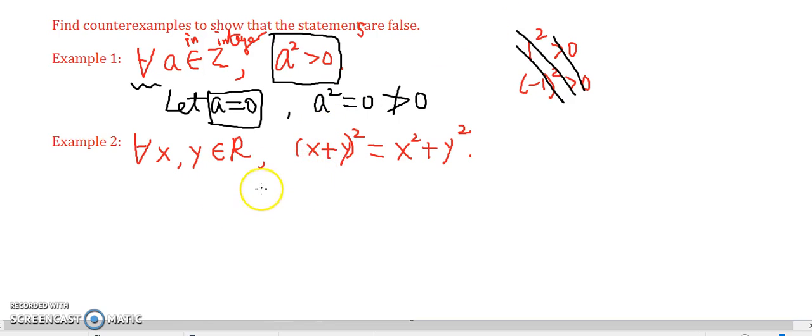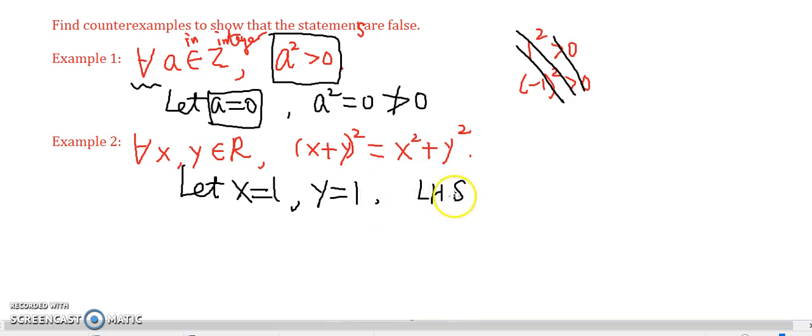We just pick some numbers. There are actually lots of counterexamples in this case. In the first example, there's only one counterexample, 0, but in the second case, there are lots of them. So if I pick 1 for x, and I can also pick 1 for y, and I plug them both into the left-hand side.